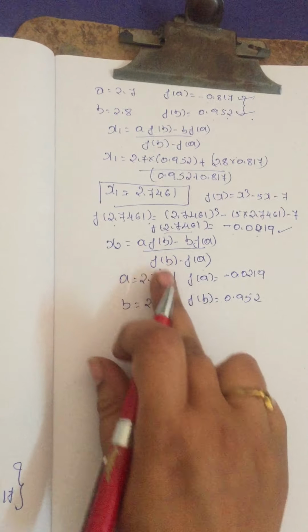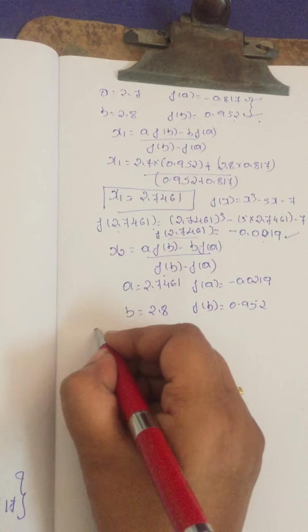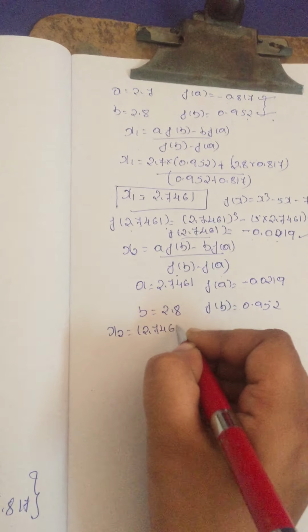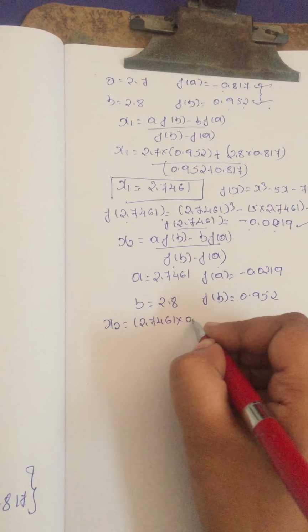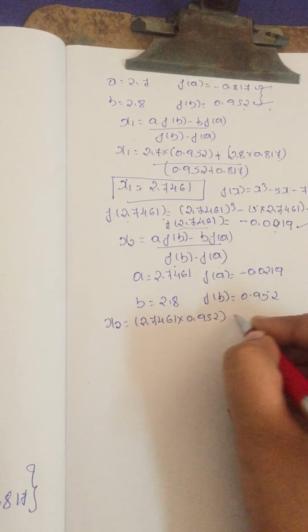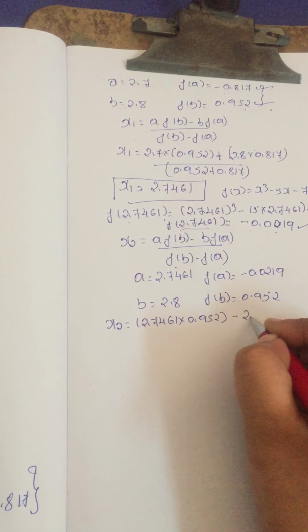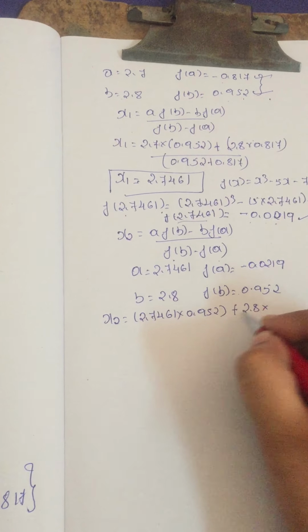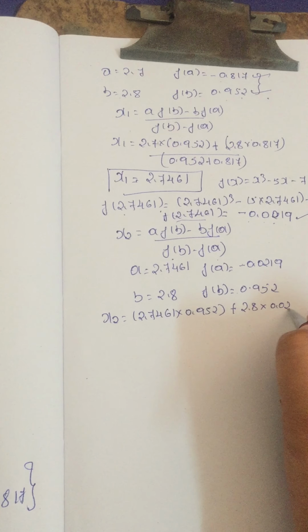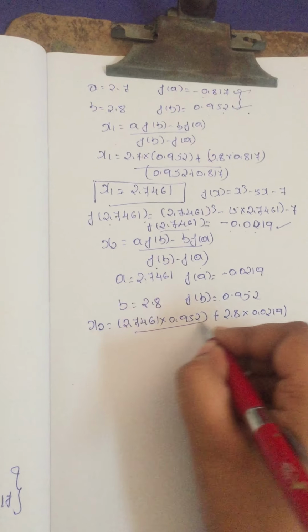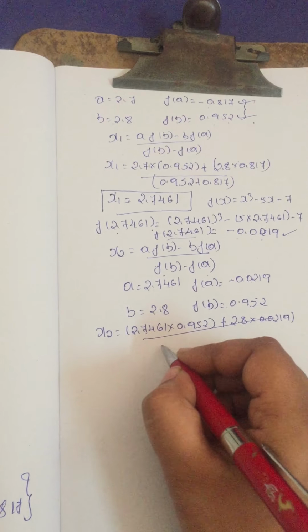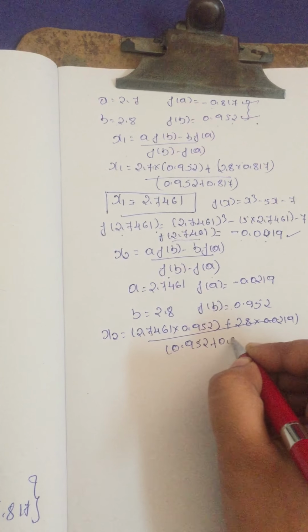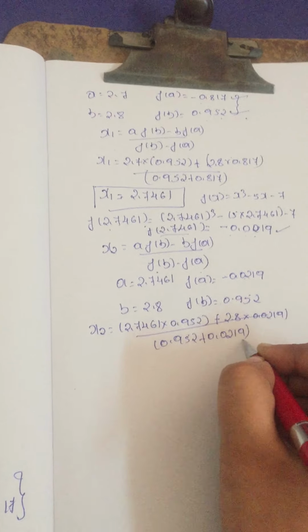Okay, now these values go into the given equation. x2 is 2.7461 into f of b, 0.952, minus b, 2.8, into f of a, minus 0.0219, minus into minus becomes plus, divided by f of b minus f of a, 0.952 plus 0.0219.